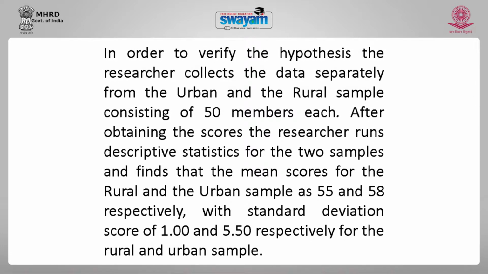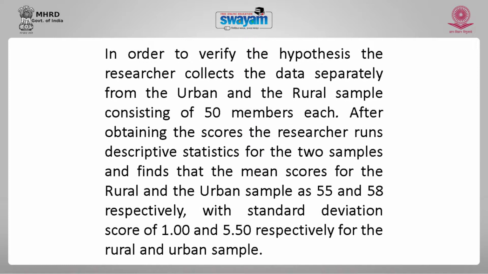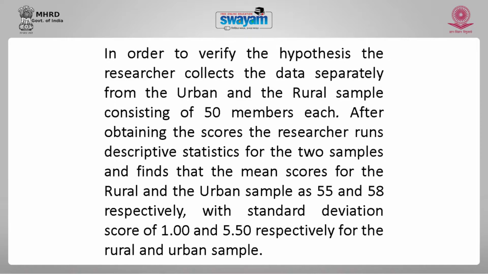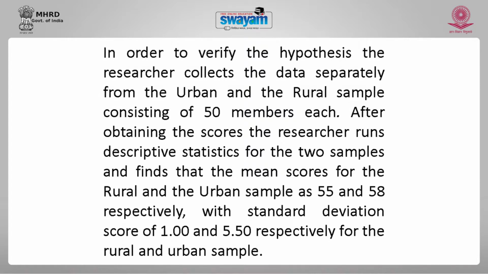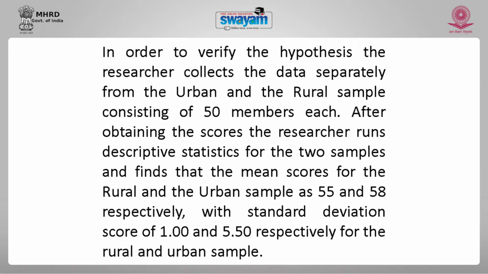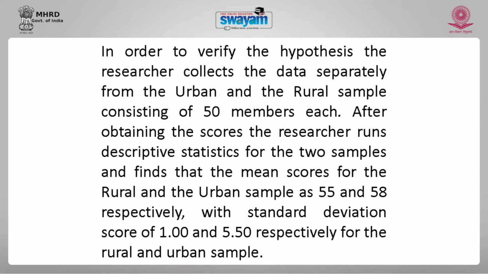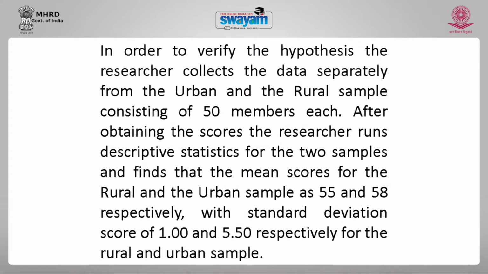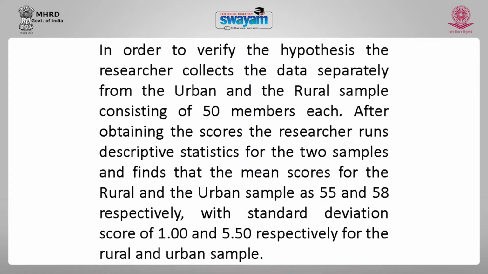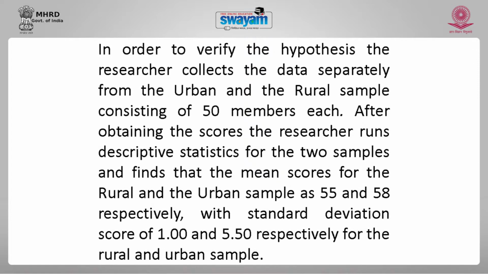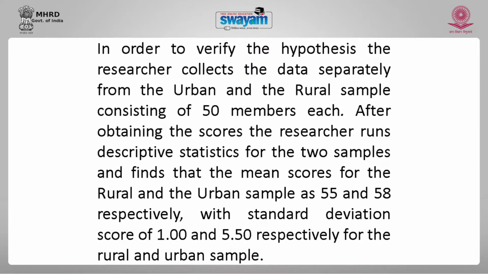After obtaining the scores, the researcher runs descriptive statistics for the two samples and finds the mean scores for the rural and the urban sample as 55 and 58 respectively, with a standard deviation score of 1 and 5.50 respectively for the rural and urban sample.